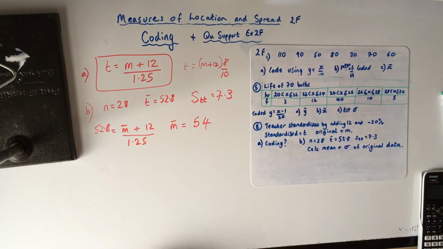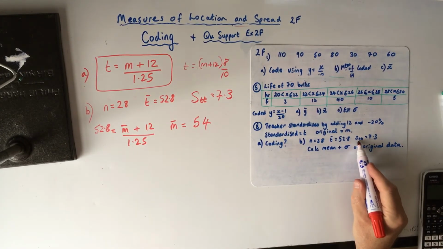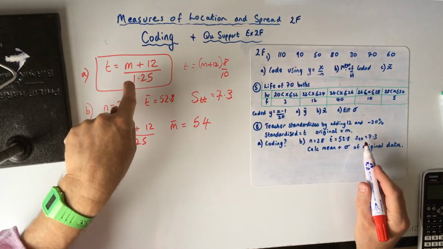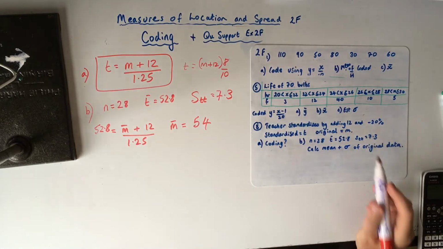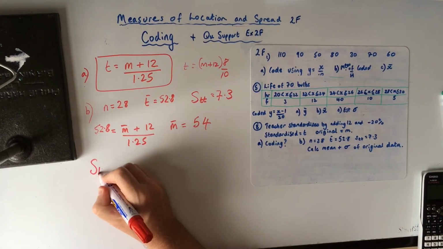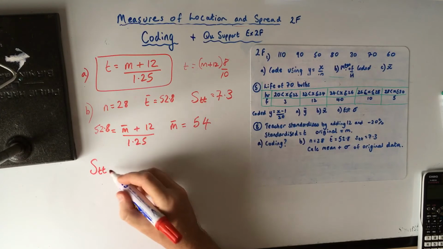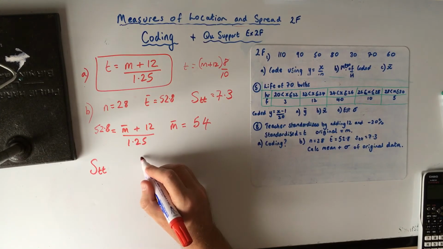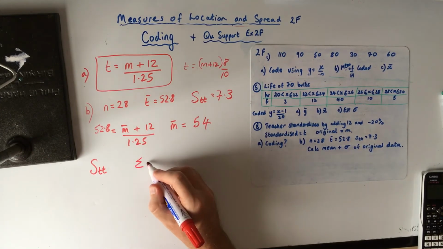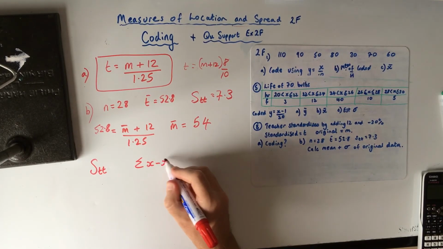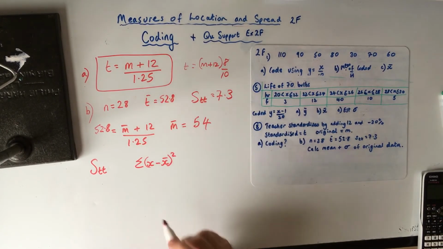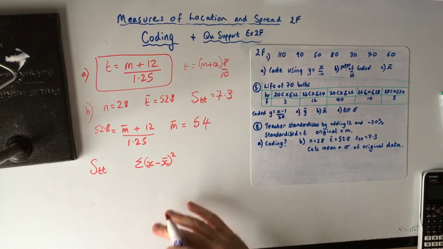Now, first of all, can you see the TT here? That's the summary data for T, not for the original marks, for the coded. Now, that capital S, you've got to learn this, STT. What that gives you is the sum of x minus x bar all squared.